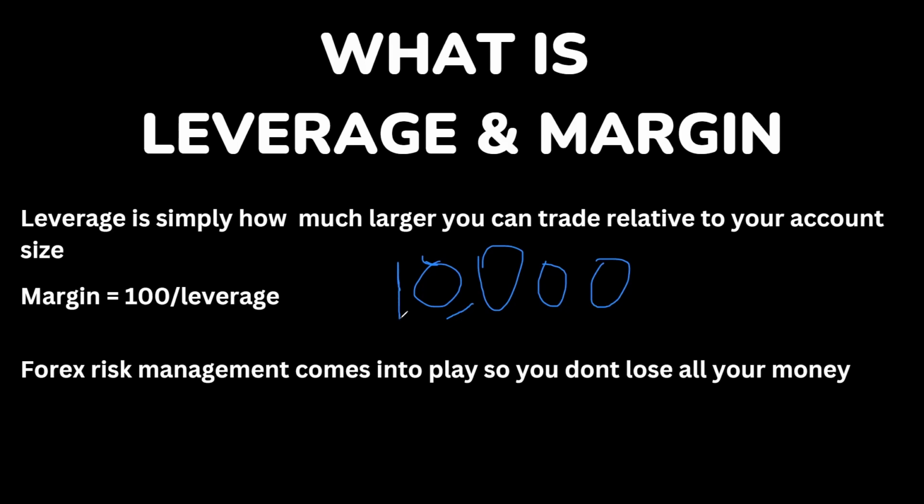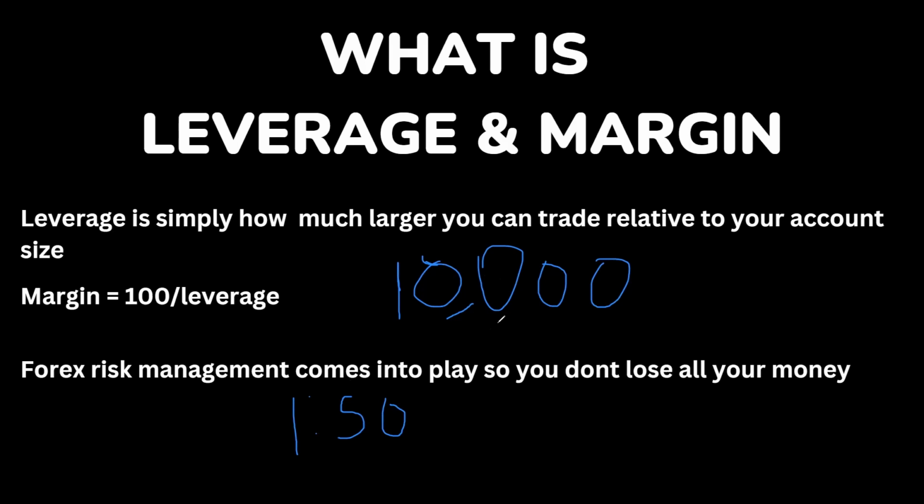What you basically see when you're registering an account is the leverage is usually in ratios. So you have something like 1 to 50, right? What that basically means is your account size times this 50. So if you have $10,000 in your account, this $10,000 times 50 is $500,000.